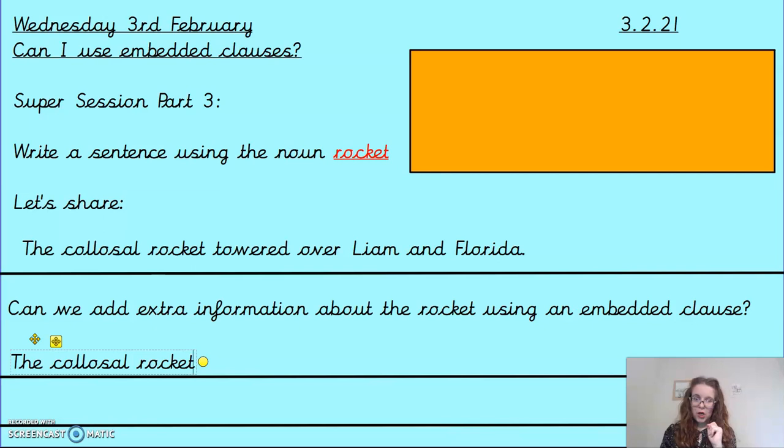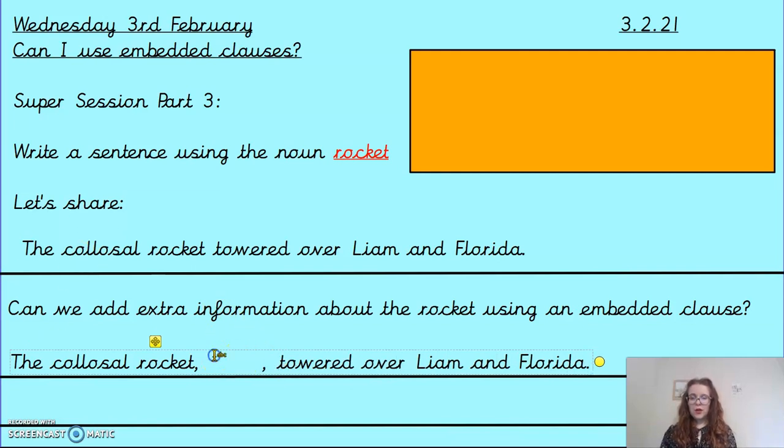Thinking back to session part 2, I need my comma. The colossal rocket, and I'm going to leave a gap there, and I'm going to say another comma because I know it's going to end with an embedded clause. The colossal rocket towered over Liam and Florida. And I just need to fix that spacing mistake. There we go. Right, the colossal rocket.